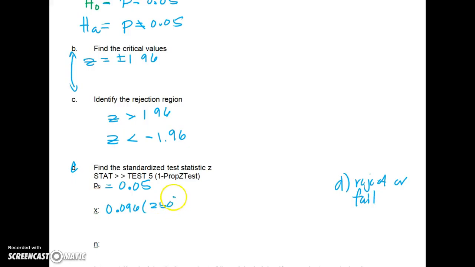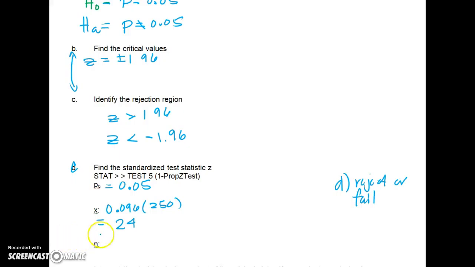Well, 250. So 0.096 times 250 is equal to 24. So in my sample of 250 people, 9.6% of them had asthma. Well, 9.6% of 250 is 24. So for the X value on your calculators, you're going to put 24.